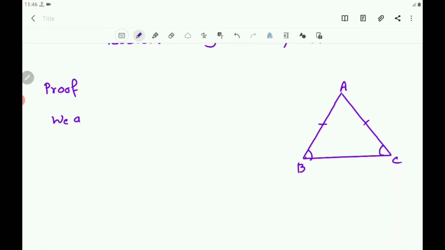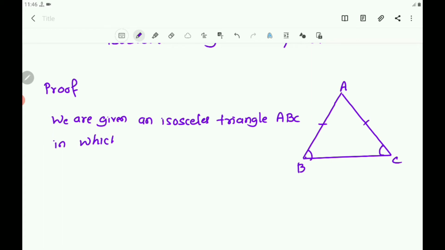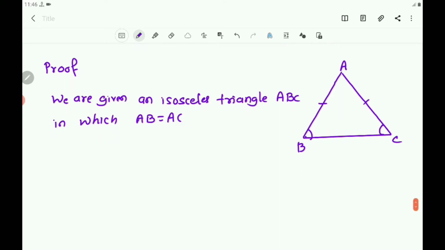We are given an isosceles triangle ABC in which AB equals AC.